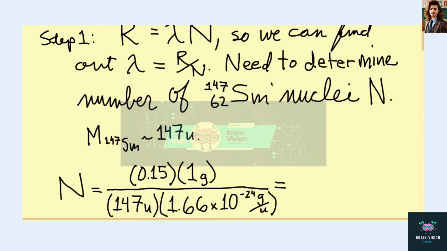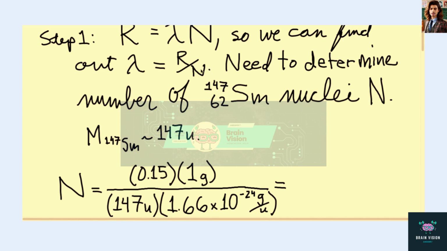So the first step of this problem, we can figure out two of the constants needed in order to solve for the half-life, given the relationship that activity is the product of the decay constant lambda times the number of nuclei present, N. Given this relation, we can find lambda as the proportion of activity to number of nuclei present.